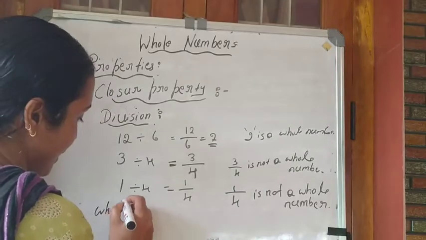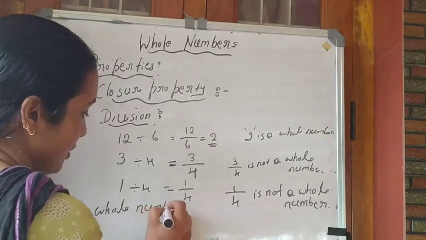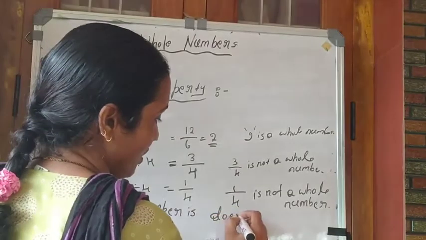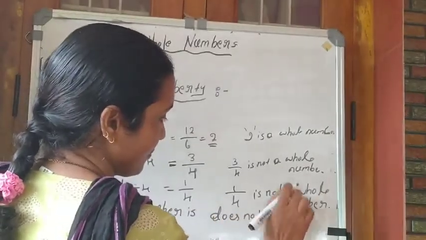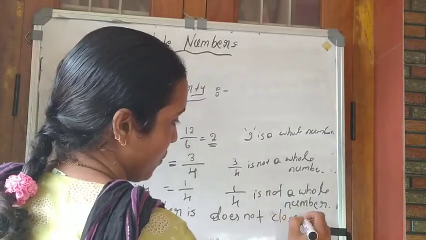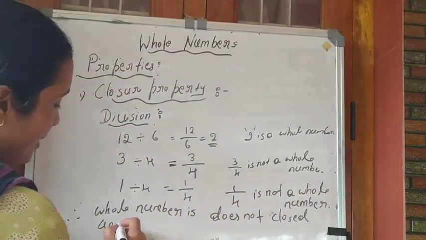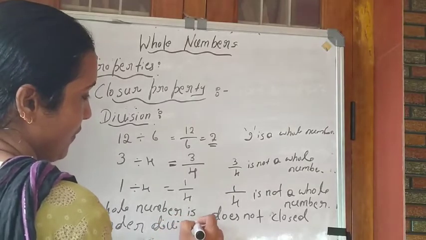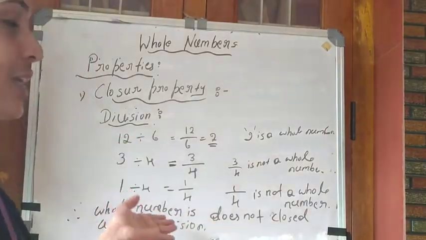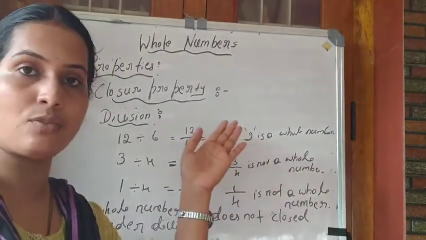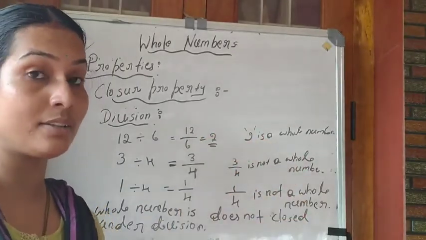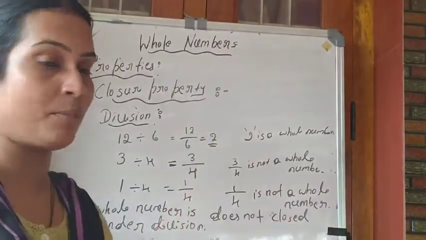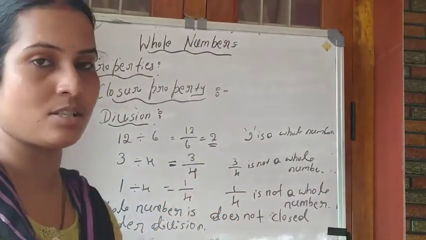Therefore, the whole number is not closed under division, because in some cases you will get the answer in the form of a whole number, but in other cases it is not a whole number, it is in the form of a fraction.